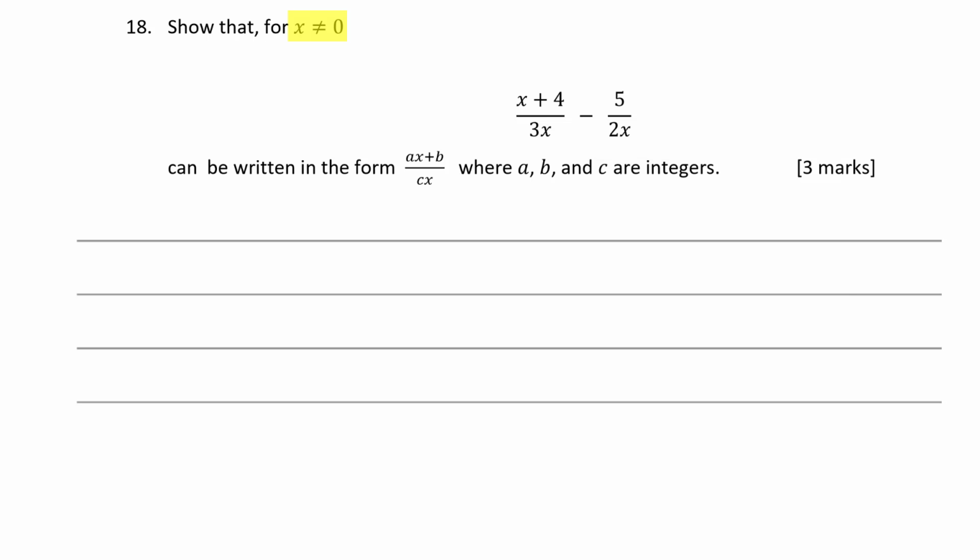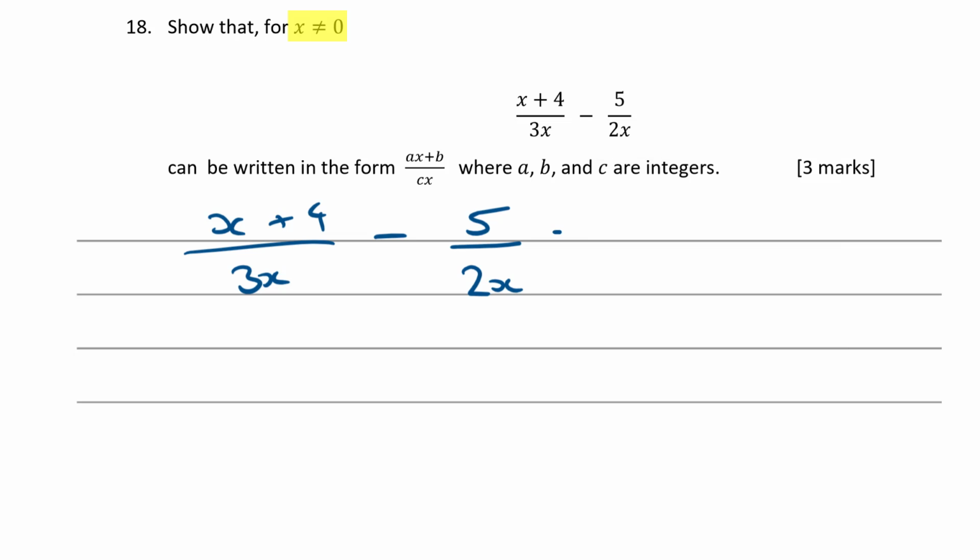Right, so what we want to do is take these two fractions and put them over a common denominator. Normally with fraction subtraction, you take your two denominators, find a common denominator, and then scale up your numerators accordingly. We're going to do the same thing here. So I've got x plus 4 over 3x minus 5 over 2x.